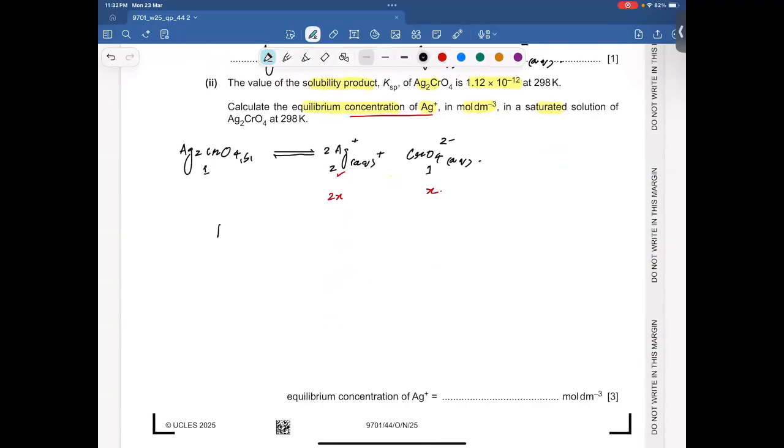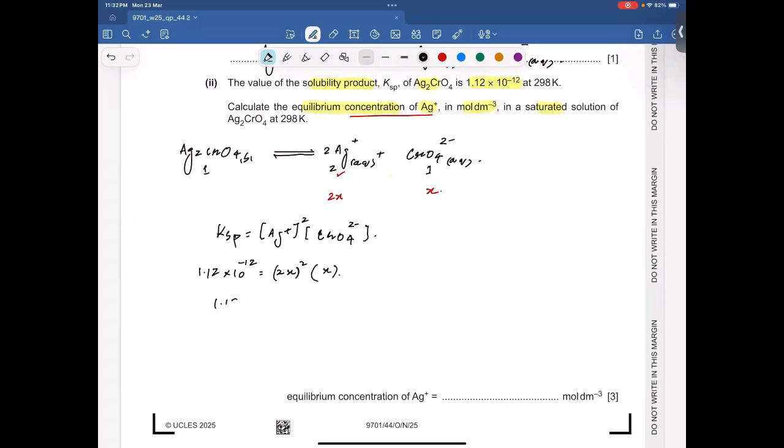Let me write down the Ksp expression for this. Concentration of silver ions, power square, because number of moles has to be in power, and concentration of chromate ions. So Ksp value is given, 1.12 into 10 to the power minus 12 equals, silver ion is 2x and then square, and this value must be x.